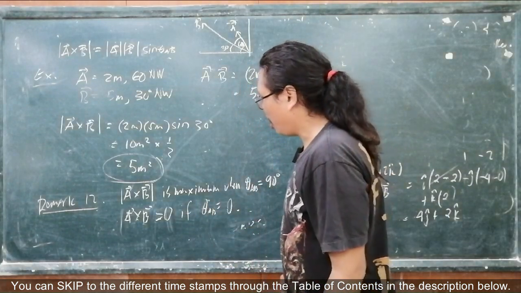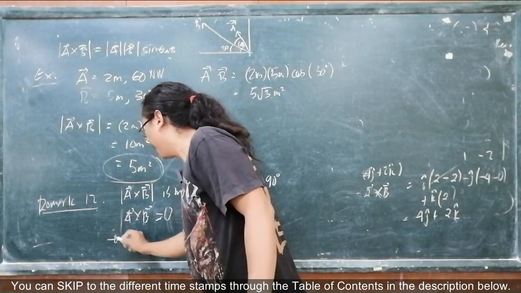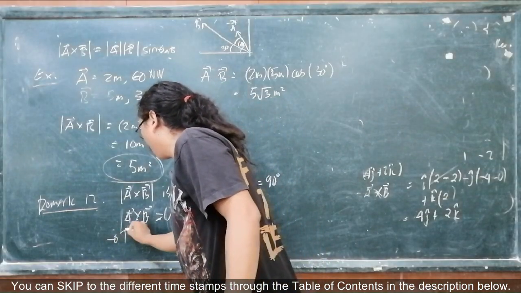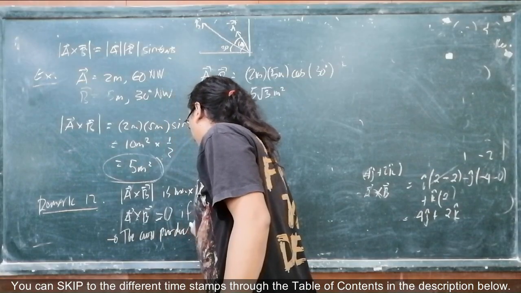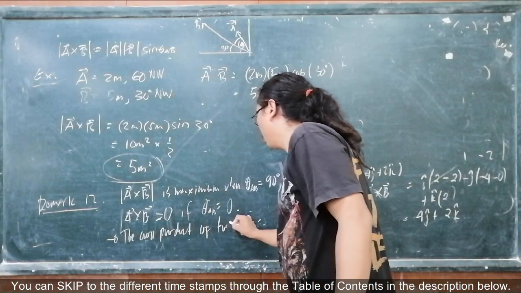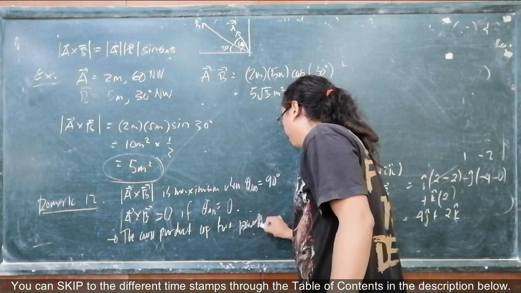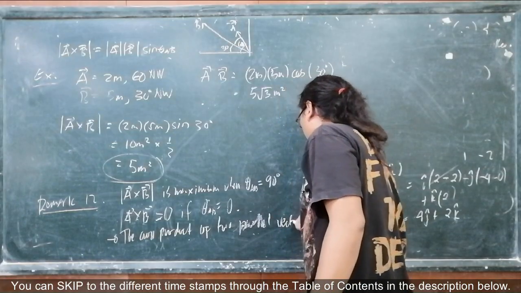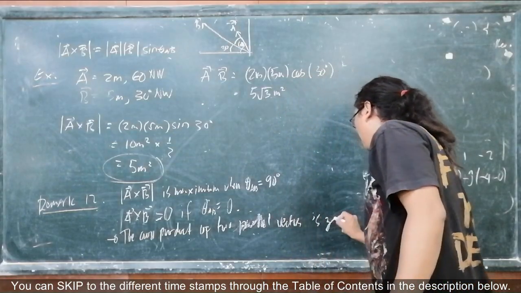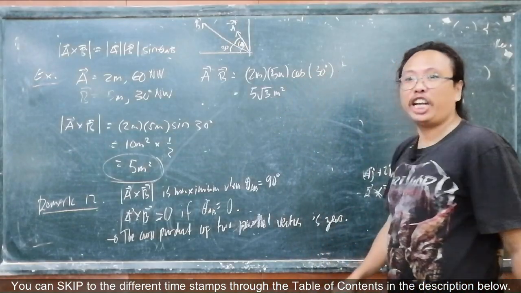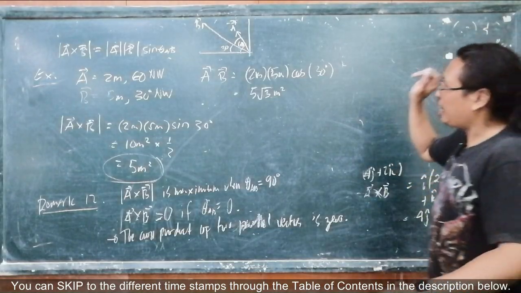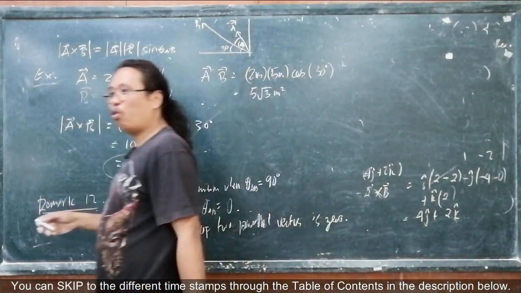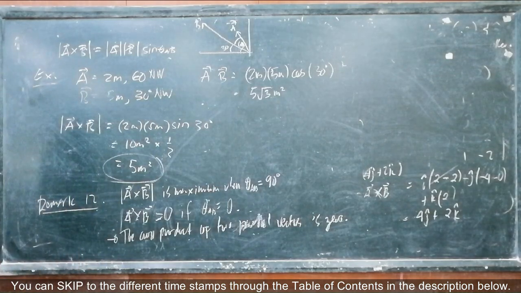That would imply that the cross product of two parallel vectors is 0. This is now a way to know if two vectors are parallel. The dot product gave us a way to verify whether two vectors are perpendicular.